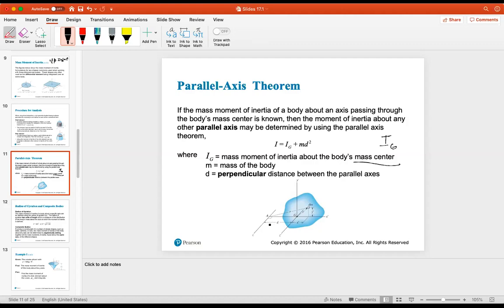So it's been shifted by an amount d, and then that gives us simply that the moment of inertia about axis A is the moment of inertia about the center of mass plus the total mass of the object multiplied by the perpendicular shift squared.